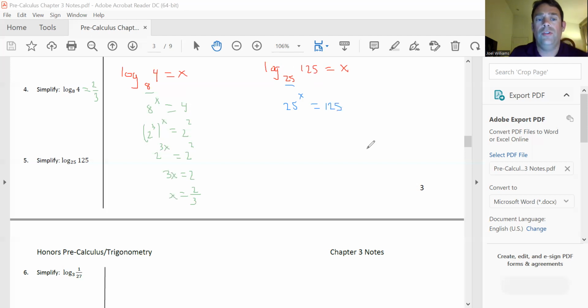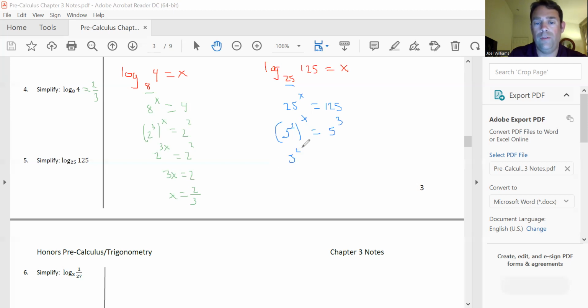I'm trying to figure out some way to find a base that will make them have a common base. So they both are a base of 5. So 5 to the 2x equals 5 to the 3.